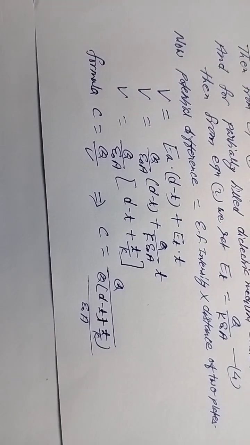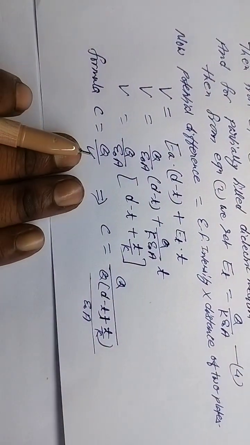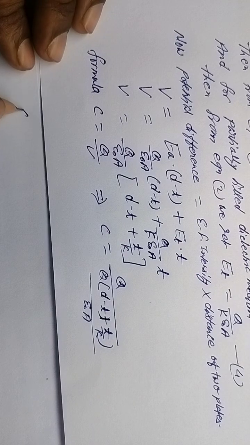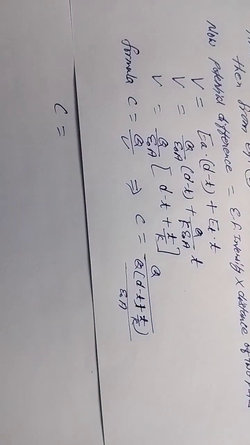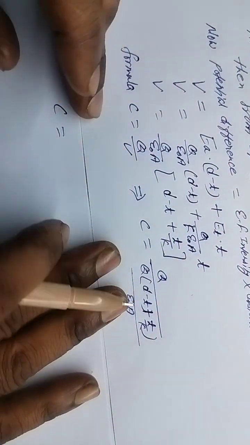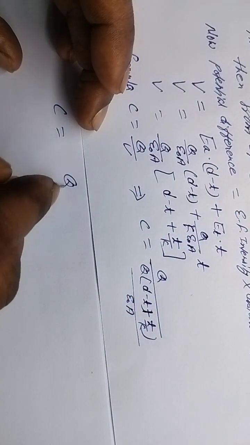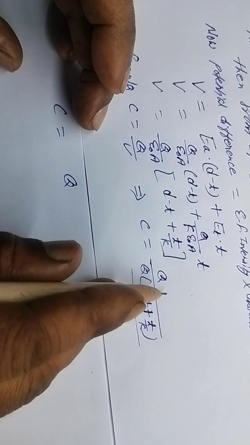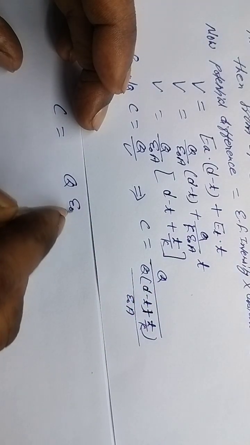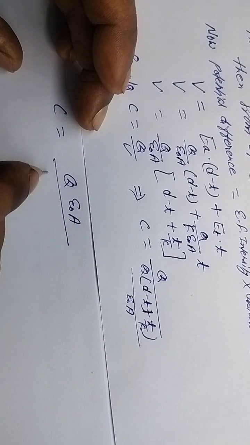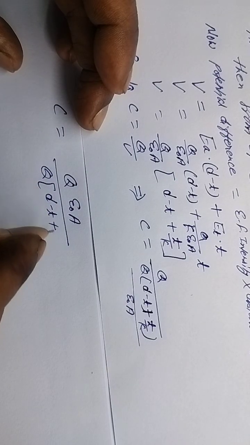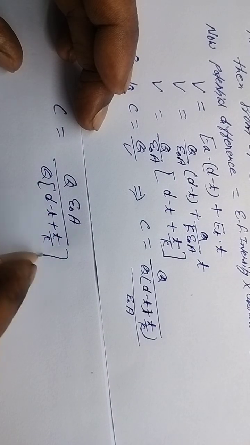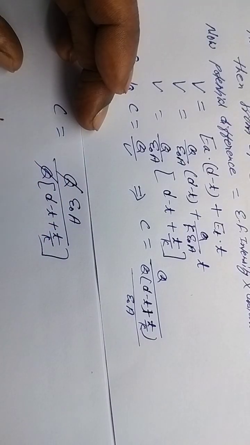C is equal to Q epsilon 0 A upon Q bracket d minus t plus t upon K. The Qs cancel.